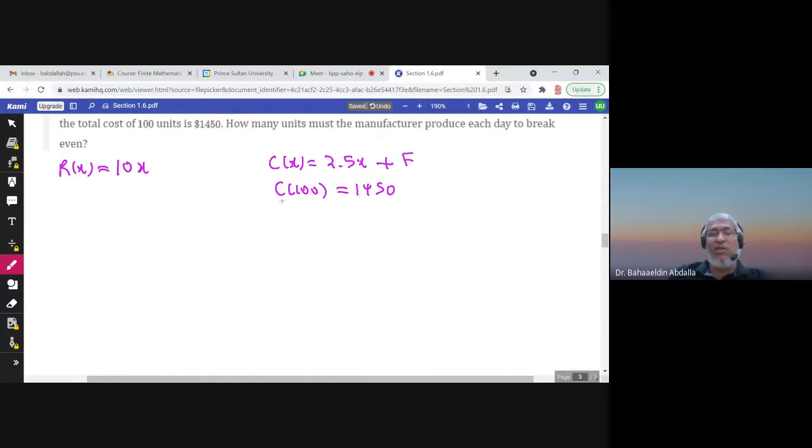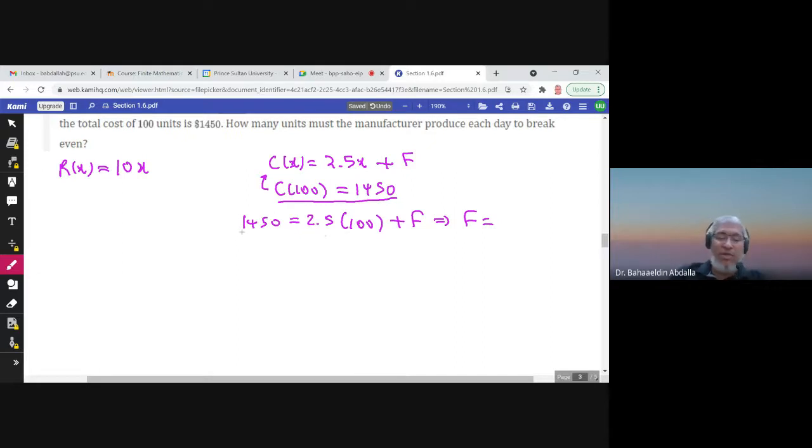So let us substitute with this information in this equation. So C(100) would be 1,450. So C is 1,450 and x is 100. So 2.5 times 100 plus F. I just replaced x by 100, C by 1,450 according to this information. And now I can solve and find the value of the fixed cost.